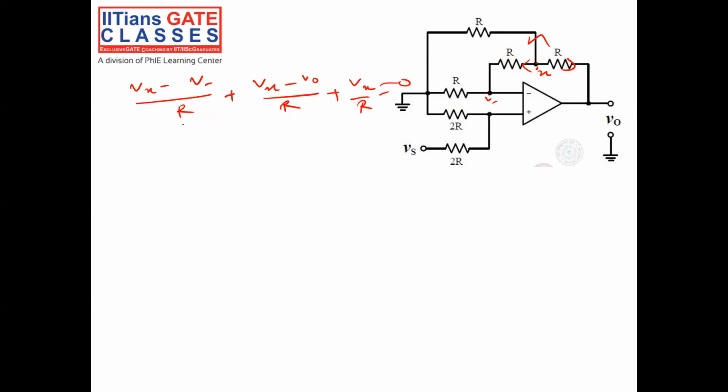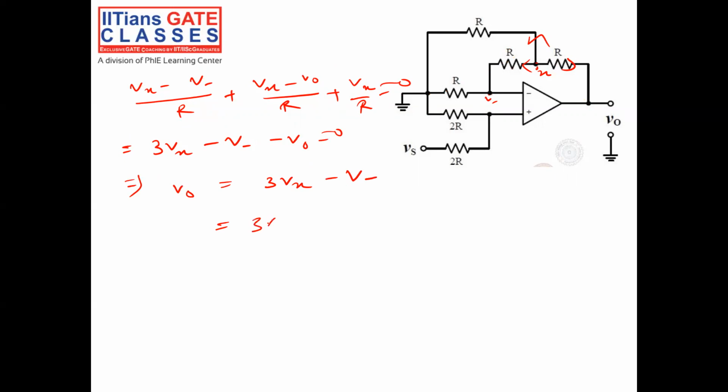R will cancel, so Vx plus Vx plus Vx is equal to 3Vx minus V negative minus V0 equal to 0. Simplifying, V0 is equal to 3Vx minus V negative.